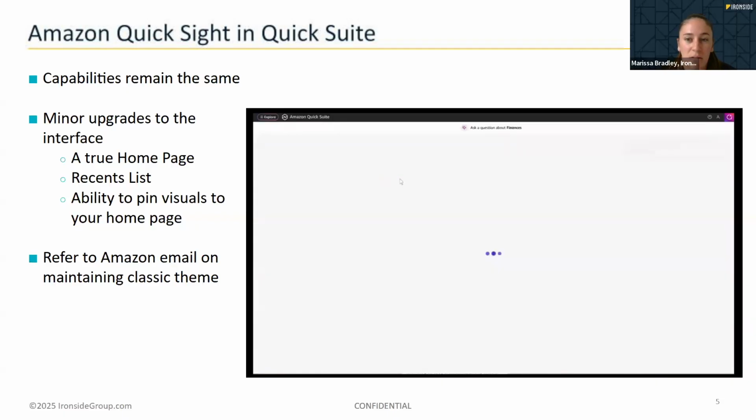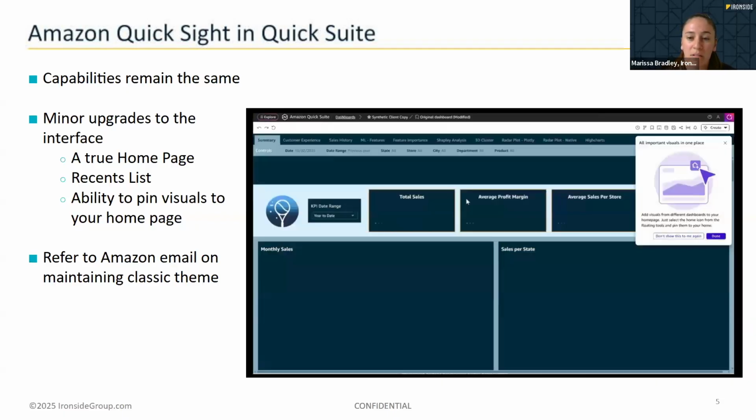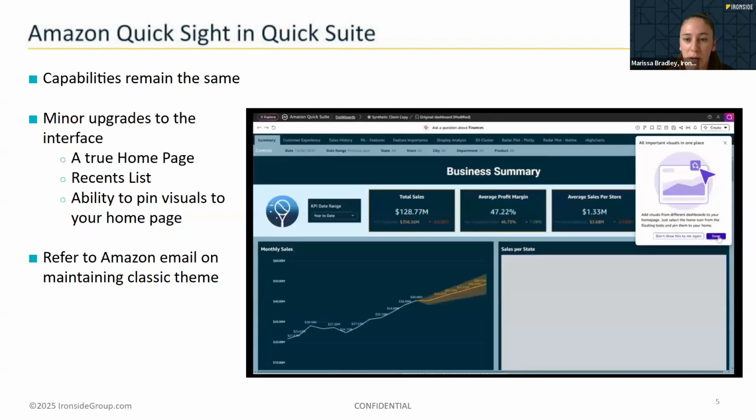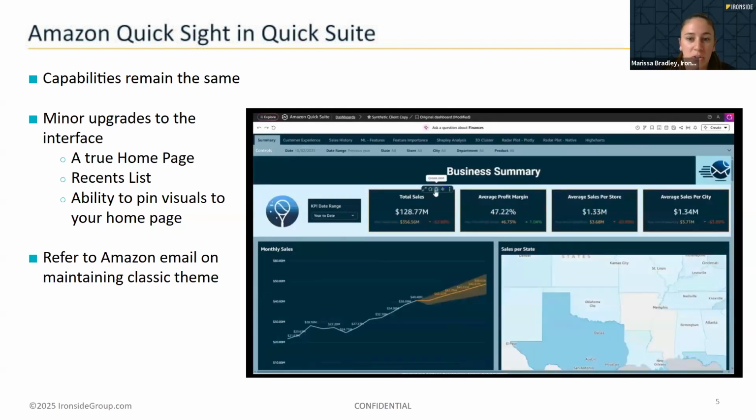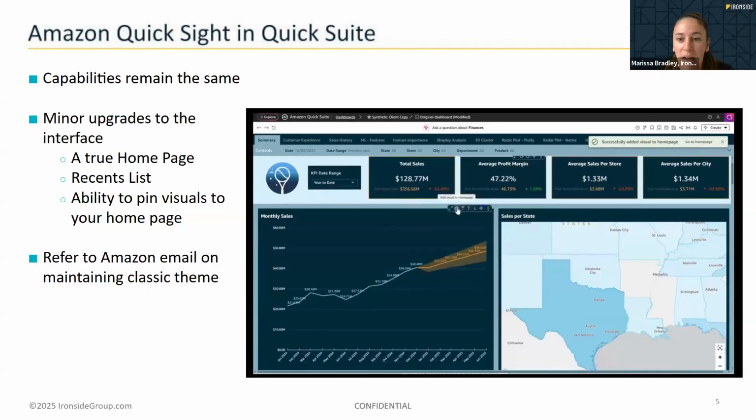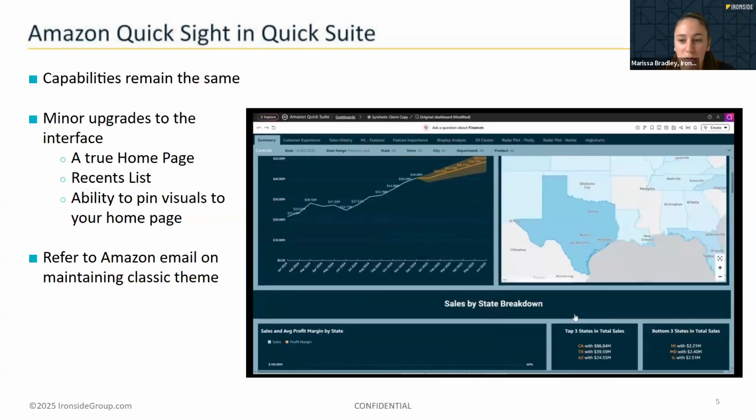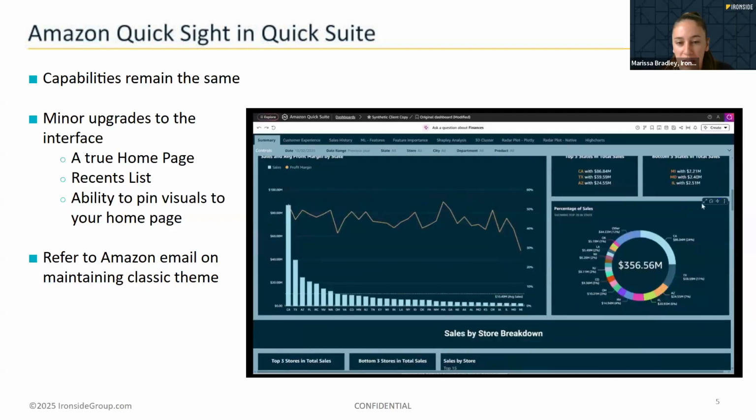And so another nice little upgrade that was added for the homepage is you can actually pin visuals as tiles to your homepage from your dashboards. So you can pick a few visuals from different dashboards, the same dashboards, whatever makes sense to you. And so you can do that by navigating into your dashboards. And as you can see here, hovering over the visuals and the metrics you want to pin, clicking the home button, and they will show up on your home page underneath the recents list as tiles.